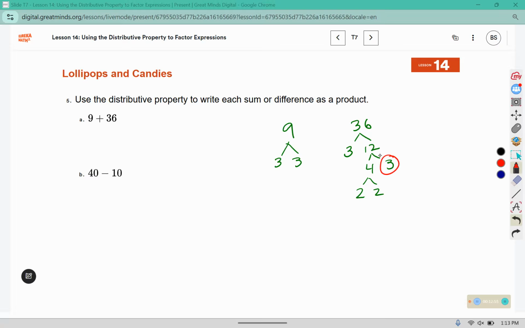So these have a 3 in common and a 3 in common. So they do have a common factor of 9. If I pull out the 9, 9 times what makes 9? 9 times 1. And 9 times what number gives us 36? That would be 9 times 4.